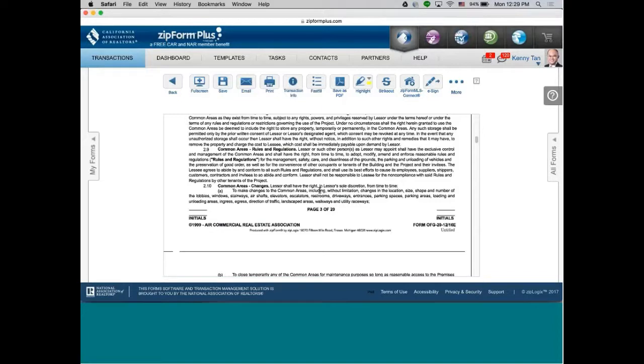However, it does not cover any increase in the operating expense that the landlord suffers. So initially, the base rent covers the operating expense, but subsequently, if there is any increase in the operating expense, that will be passed to the tenant.